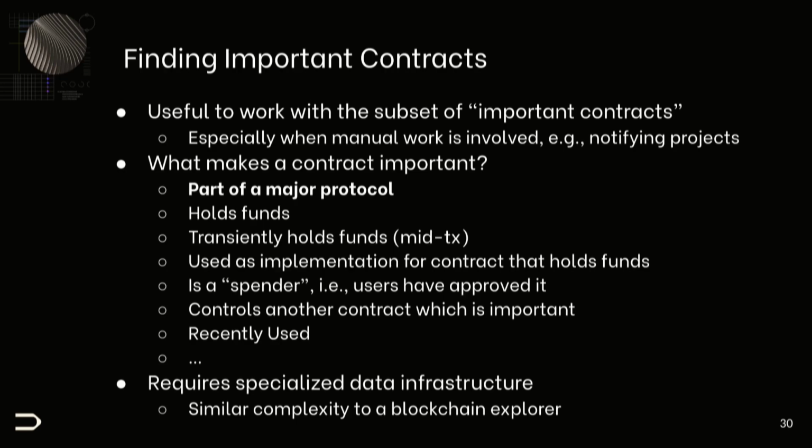It could be that the contract is part of a major protocol, it holds funds, it transiently holds funds, it has some privileges, some permissions with some other contract. It's used as implementation, and someone else who is important calls it, has approvals, et cetera, et cetera. So lots of criteria can tell us that a contract is important. And that's also part of our vocabulary. That's also part of our database technology that one can write queries over.